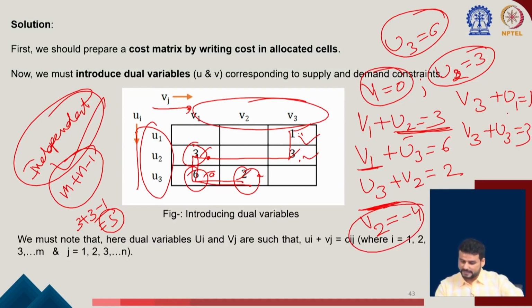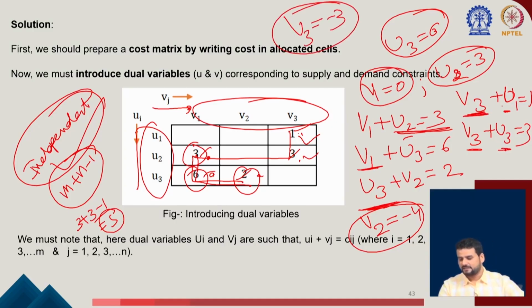From u3 equal to 6, v3 will be minus 3. Now we got v3, so this equation also we can solve: u1 will be 1 minus minus 3, equal to 4.